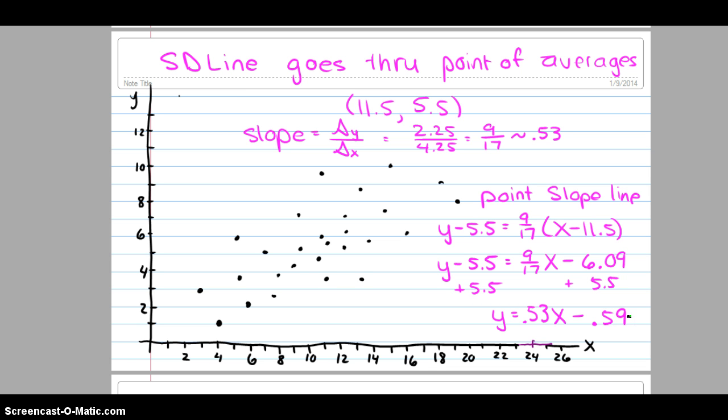So I think my line is going to cross the y-axis at my y-intercept of 0.59 and go through my point of averages, 11.5, 5.5, that's my SD line. And this is my SD line equation.